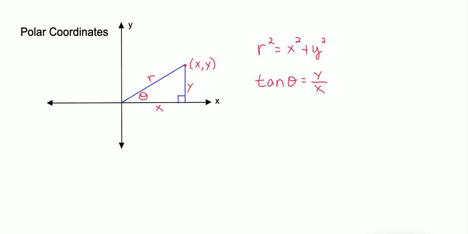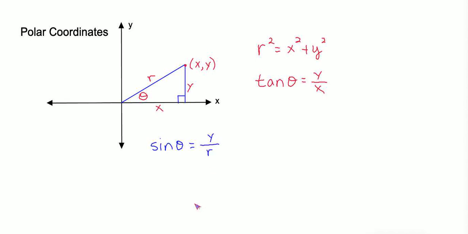Next, I want to be able to change from polar to rectangular coordinates, so I want to know what x and y are in terms of r and theta. The first thing I notice here is I know what sine of theta is. I'm using my right triangle trig definitions. Remember SOHCAHTOA. Sine is opposite over hypotenuse. So in this case, sine of theta is opposite, which is y, over hypotenuse, which is r.